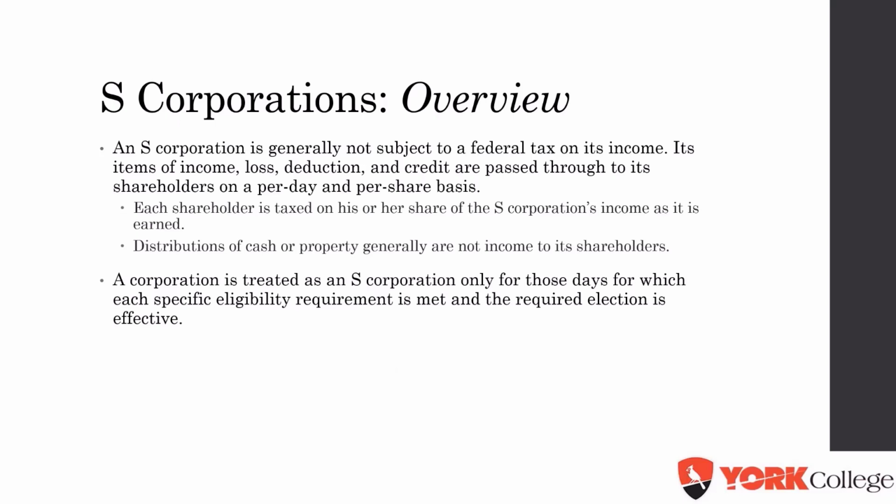Well, the benefit of having an S corporation is that the S corporation is not subject to federal tax, or specifically federal income tax. So this means that when the S corporation receives income, losses, deductions, or credits, then that type of tax calculation is passed through to its shareholders, much in the same way a partnership works, where it passes through to the owners, where it's not a separate legal entity like a C corporation or a limited liability partnership, right?